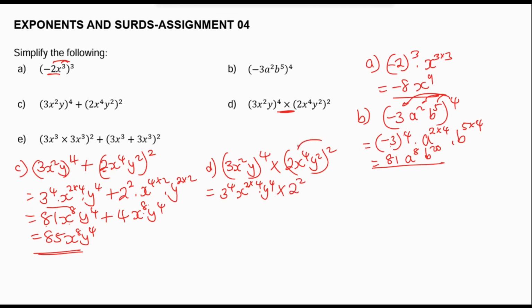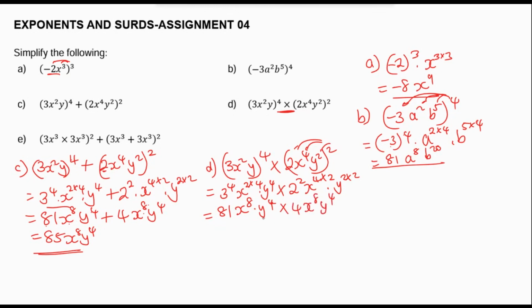We're distributing this, and then x to the power of 4 times 2, and then y to the power 2 times 2. Okay, and then what do you get? 81 x to the power of 8, and then y to the power of 4, times 4 x to the power of 8, y to the power of 4.